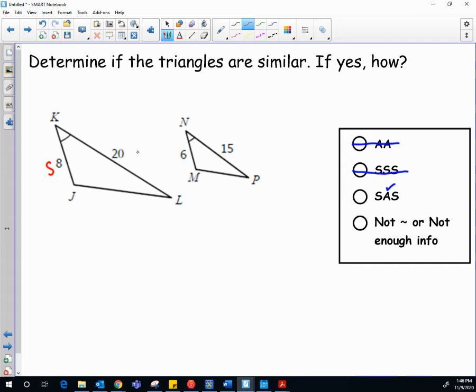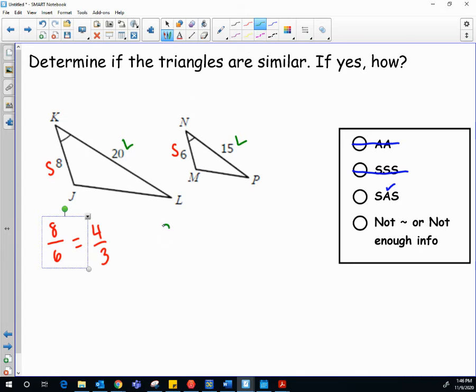So the 8 is the small, 6 is small over here, and then we'll just call 20 the large. Okay. So now let's do small over small. We do 8 over 6, and I'm just going to simplify that. So I end up with 4 over 3. Now I'm going to do the same for the other set of sides.